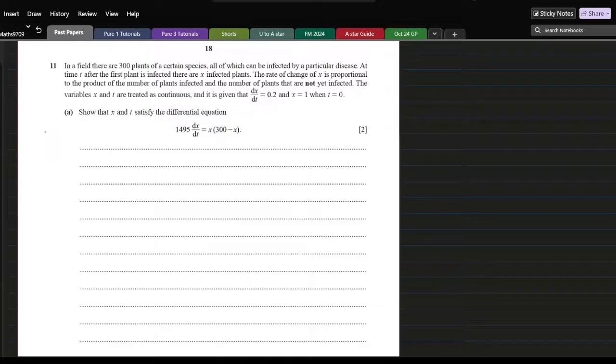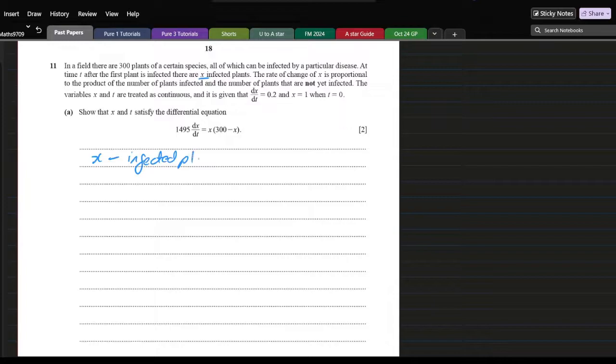Part A. Show that x and t satisfy the differential equation 1495 dx/dt is equal to x times 300 minus x. Okay, so we are told that x represents infected plants, right? X is our infected plants.